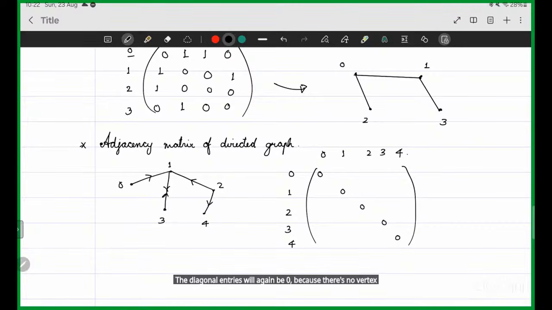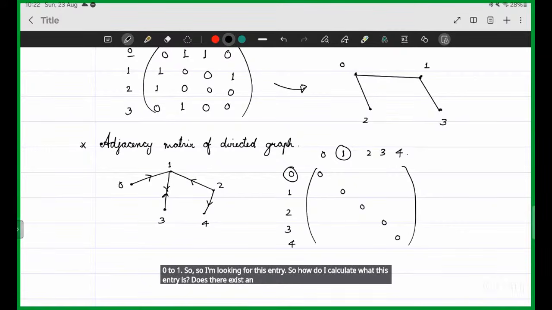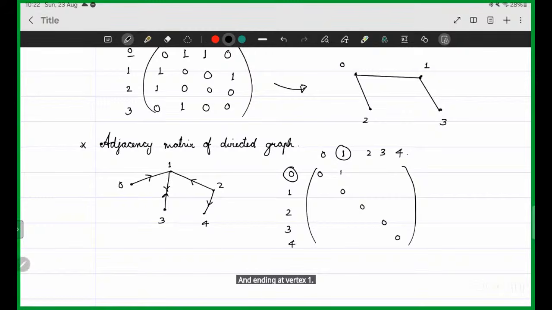Now we will put a 1 as an entry of this matrix if there is an edge starting from 0 to 1. So I'm looking for this entry. How do I calculate what this entry is? Does there exist an edge starting from vertex 0 and ending at vertex 1? That is true.